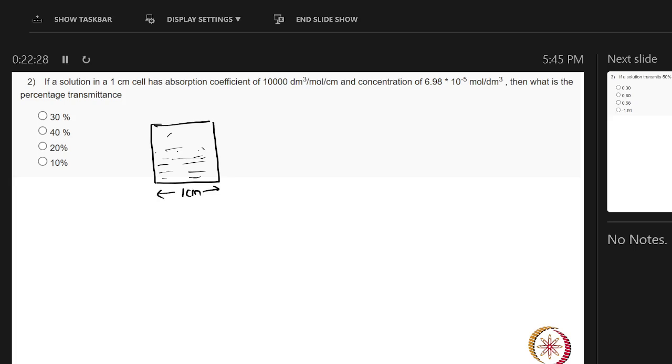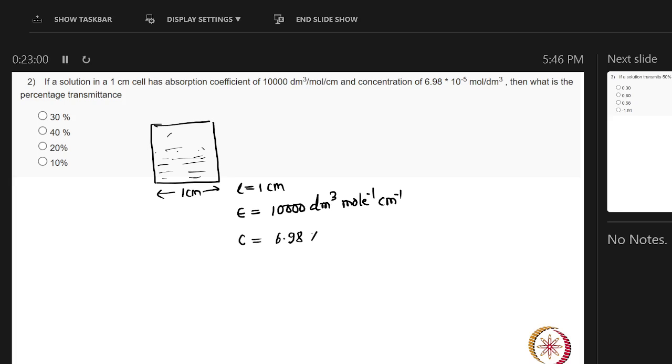So L is 1 centimeter, and the absorption coefficient, that is the molar extinction coefficient, is given as 4 decimeter cube per mole per centimeter. And what is the concentration?